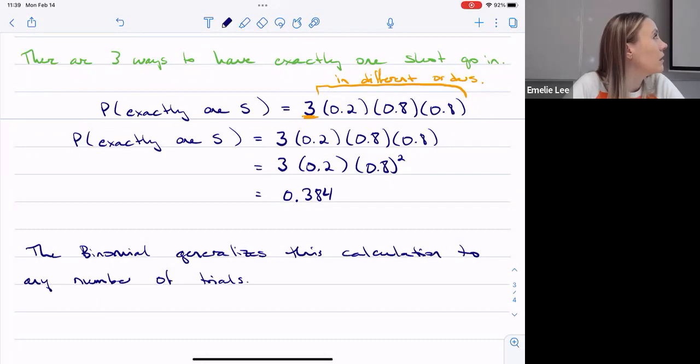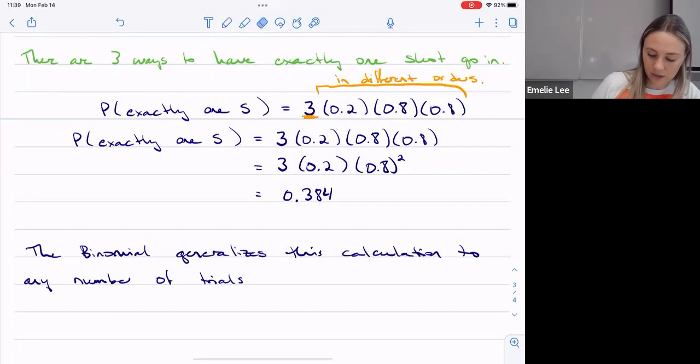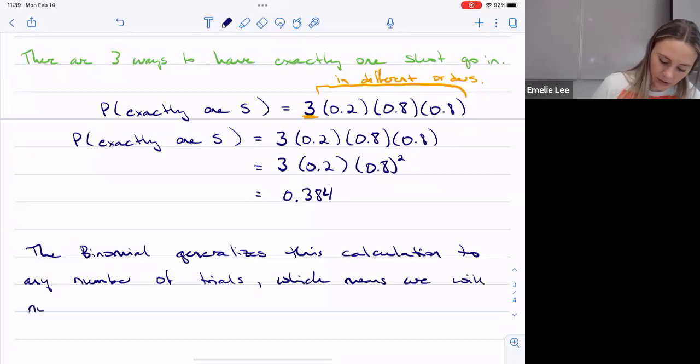Which means that we don't need to worry about the tree diagram anymore. Which means we will no longer need the tree diagram.